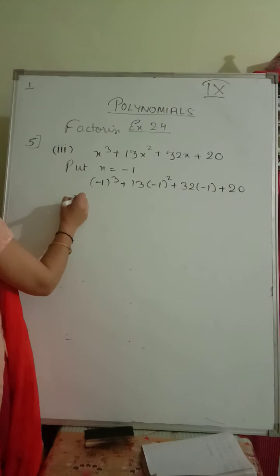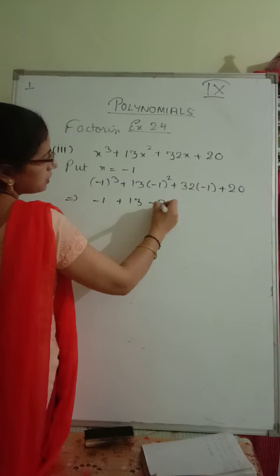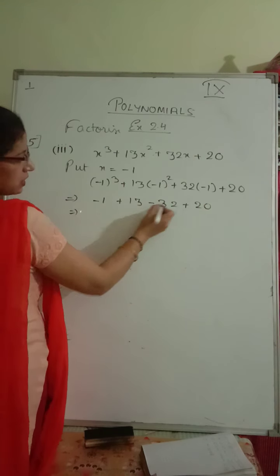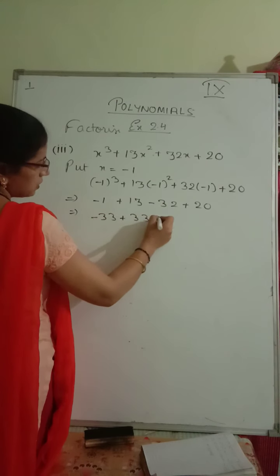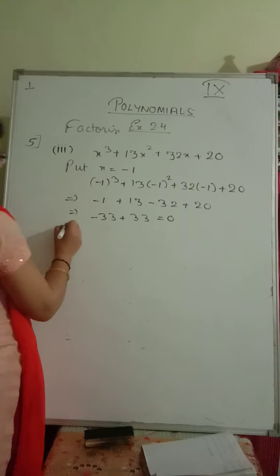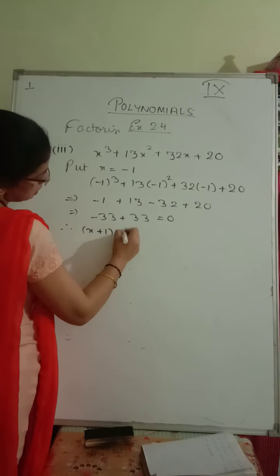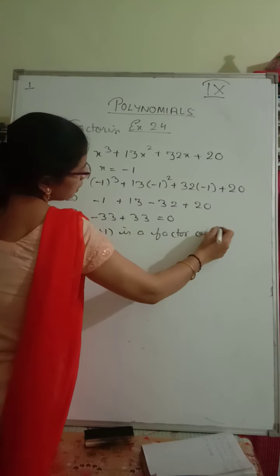So what we'll get? Minus 1 plus 13 minus 32 plus 20. So minus 33 plus 33, which becomes 0. Got 0? Therefore x plus 1 is a factor of polynomial p(x).